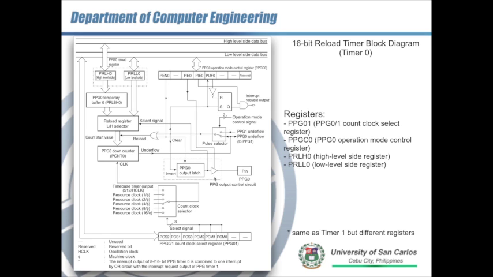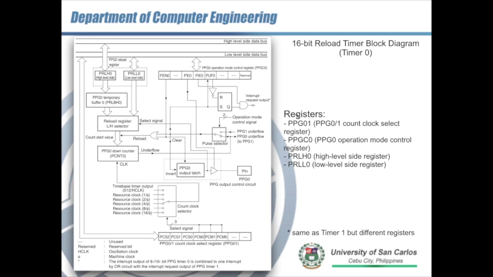So we have the PPG output control. This is PPG0. We also have an interrupt request output, and obviously the interrupt is going to be configured by the register PPGC0.